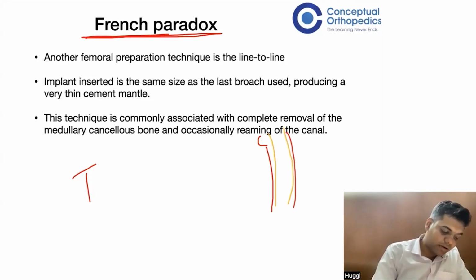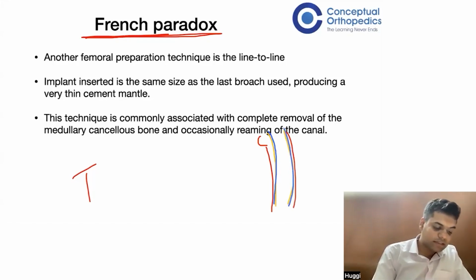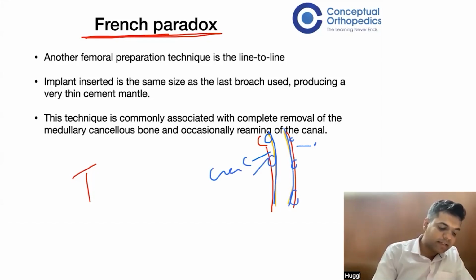The yellow color is the broaching, and the implant sits the same way, filling the entire canal. Only here and there will there be gaps, and that gap is taken by your bone cement.